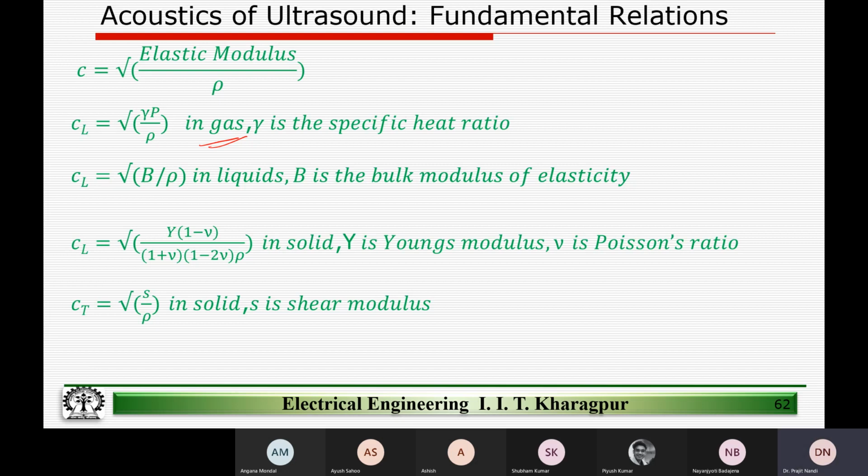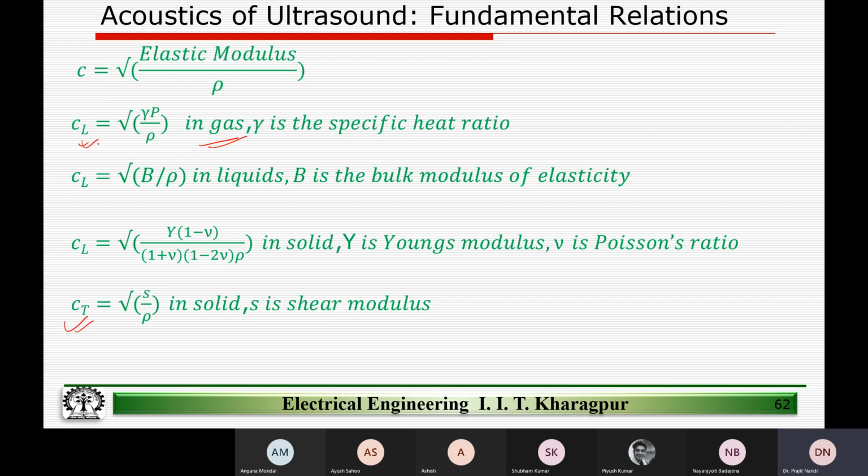It will show longitudinal behavior, or in other words, the particle will be moving parallel to the propagation of the wave. The direction of the particle movement will be the same as the direction of the wave propagation. Whereas for transverse waves, the particle movement will be perpendicular to the direction of the waves. The speed of the waves can be expressed in different ways.